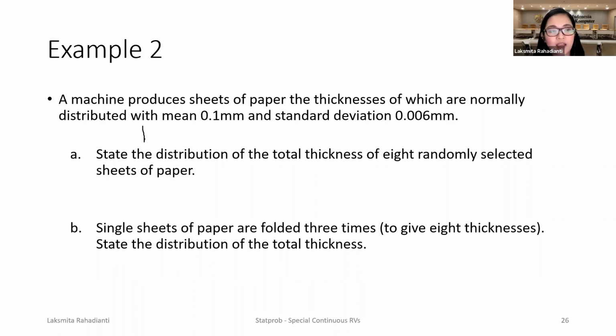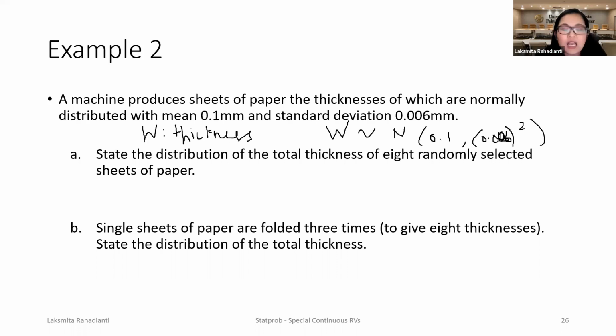So for example, W denotes the thickness of paper, and this W, I know it will follow the normal distribution with mean 0.1 and standard deviation of 0.006. There are two zeros there, sorry, to the power of 2.